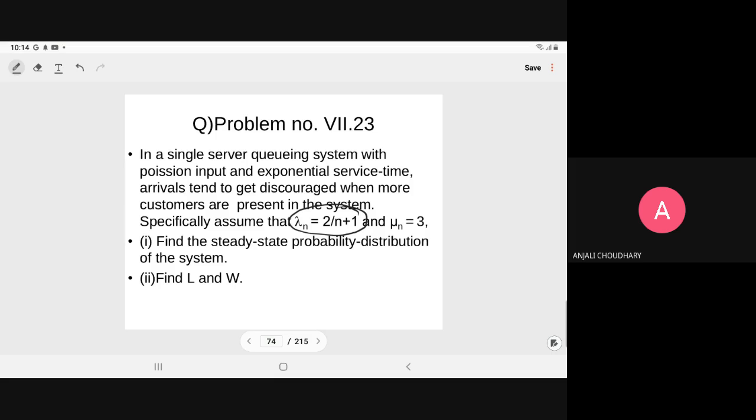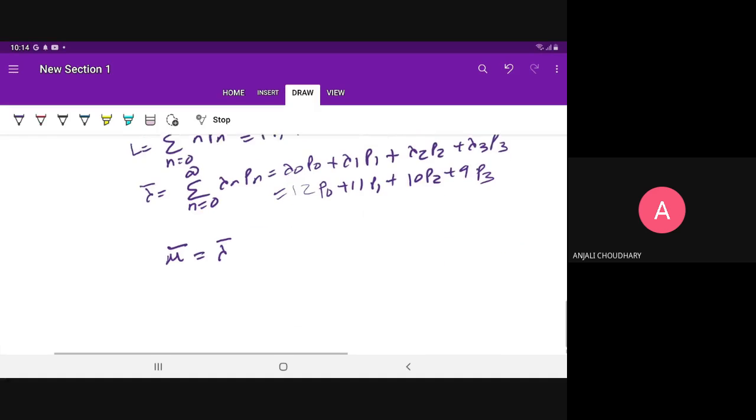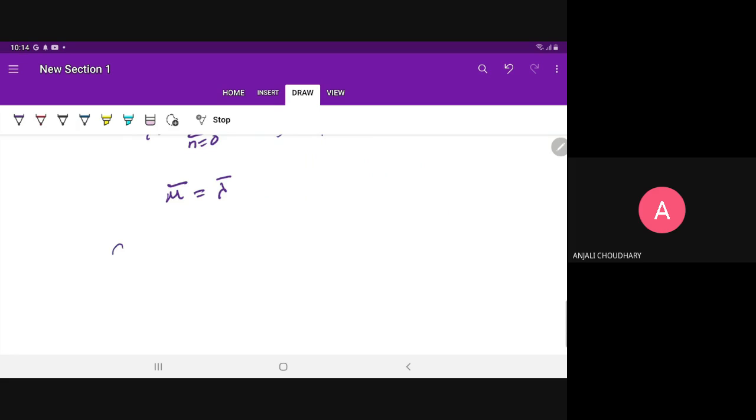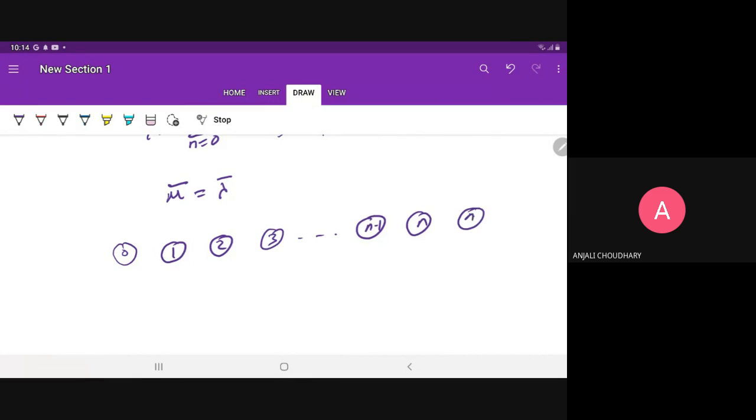Find the L and W. So what is given to you? Initially we have 0 customers, 1 customer, 2 customers, 3 customers, right? n minus 1 customers, n customers, and n plus 1 customers. The initial rate is lambda 0. When we put n equal to 0, it gives 2.